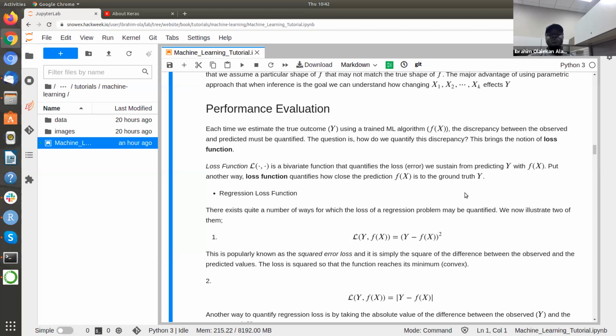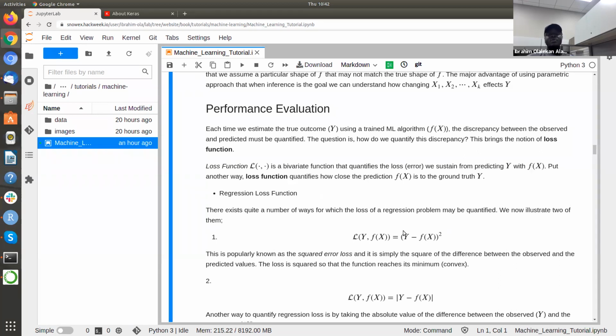One way to quantify the discrepancy between your predicted value and the true value is by simply taking the difference between the two. But one disadvantage of doing that is some of these discrepancies are going to be positive and some are going to be negative. So when you add everything up, they are likely to cancel out, and you might always get 0 even though your machine is not doing well.